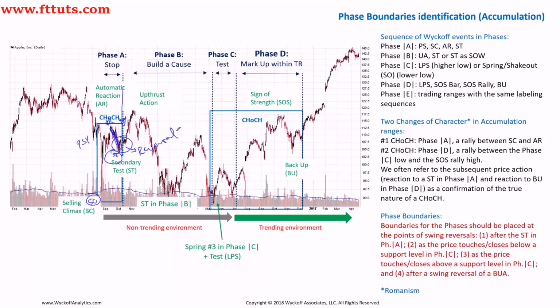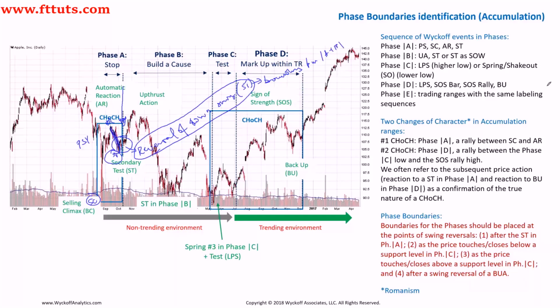So we want to find the reversal of a downswing that acts as a secondary test. And once we find this bar, that's where we're going to put the boundary between phases A and B.